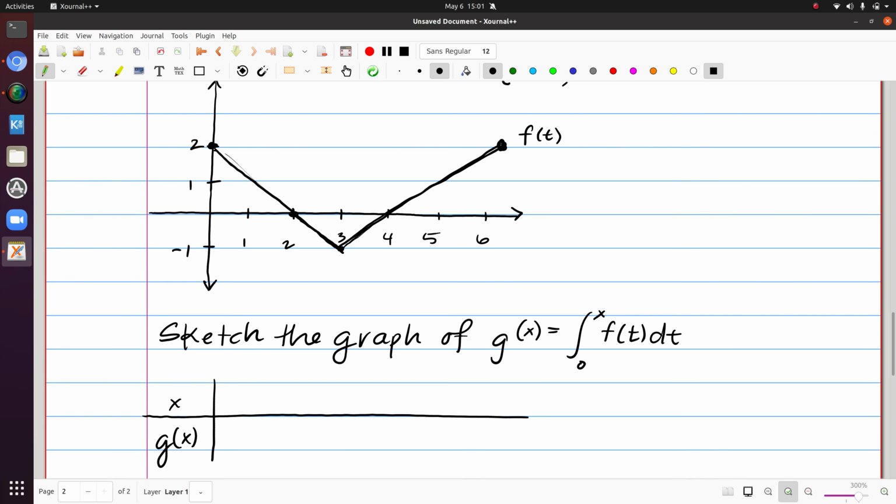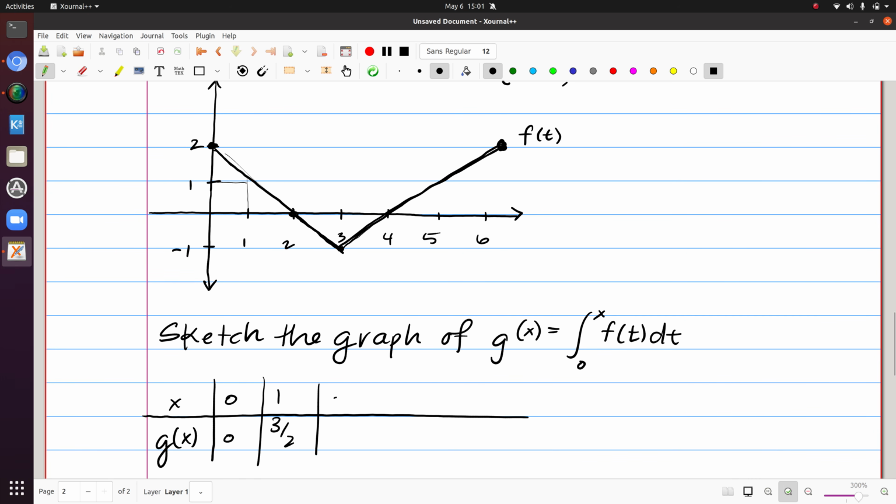So much like we saw before, if x is 0, we know that the integral from 0 to 0 is 0. Now, for the other values, I can actually take advantage of area. So, for instance, when x is 1, I'm finding the area of this triangle plus this square, and we're going to get 3/2.